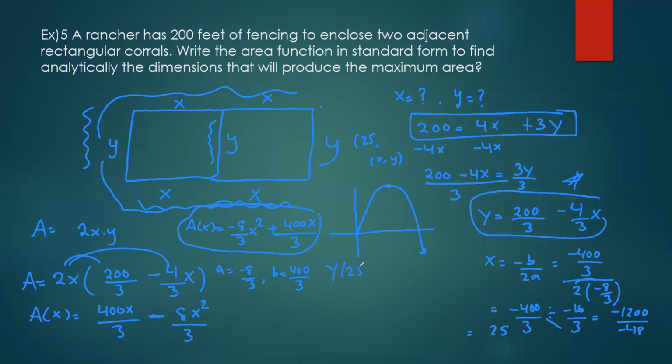So y of 25 is going to be 200 over 3 minus 100 over 3, which is really 33.3.